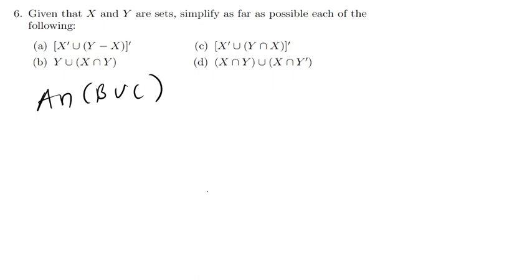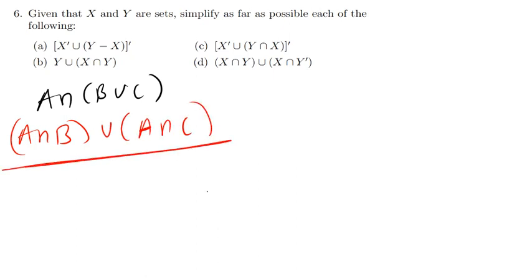Do you guys understand that if I distribute this, it's going to be A intersection B union A intersection C? Do you know about this? Yes, we do. So if this A appears twice, it's going to be outside.